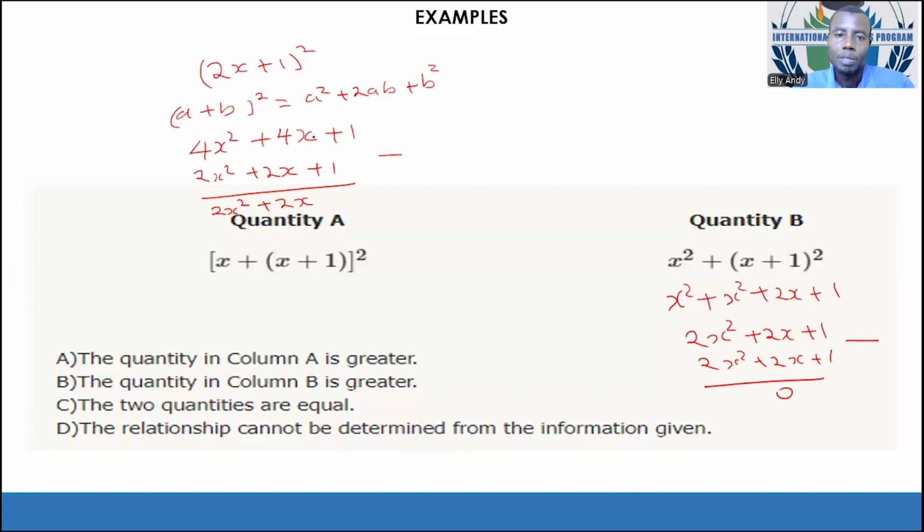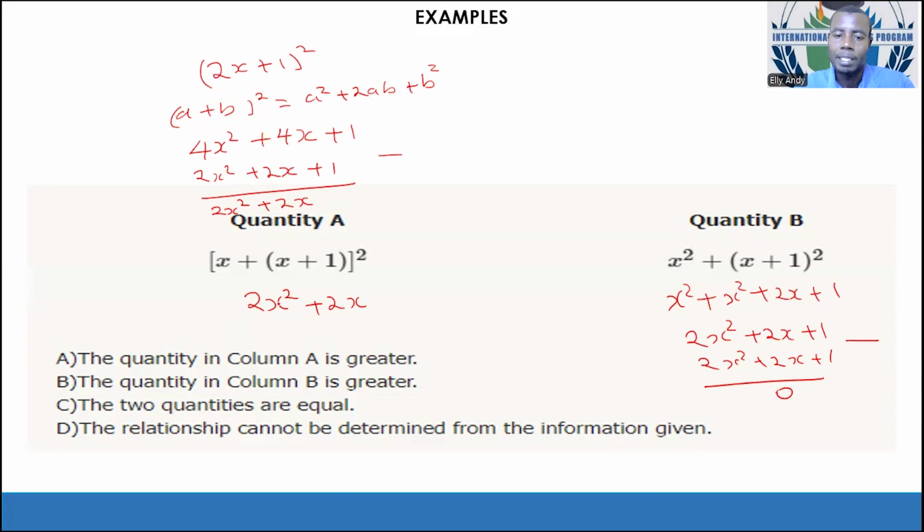So we have simplified this to mean that we are really comparing 2x squared plus 2x as quantity A with 0. But because we don't know what x is, it can be an integer, a fraction, a positive number, or even a negative number. It means from here we can pick numbers.